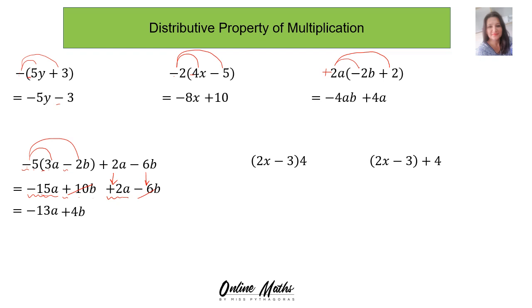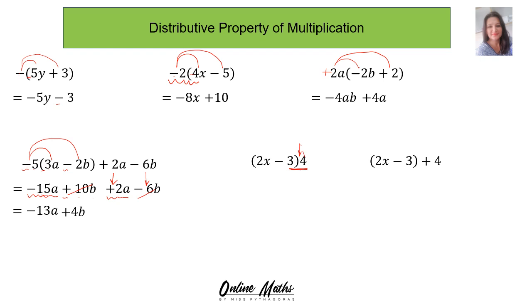Now on the next example, what happened here, can you see the 4 is now written at the back? Usually, if you look at example 2, can you see the 2 was in front? Now the 4 is at the back. But since there's no sign there and the 4 stands directly next to the bracket, it still means distributive property.